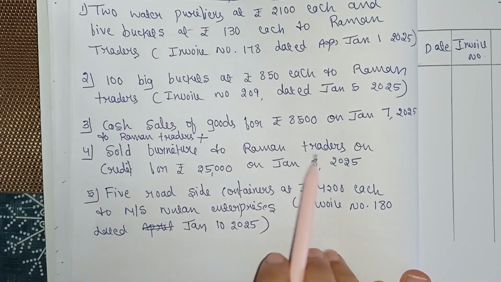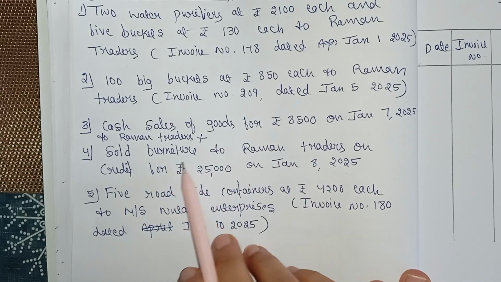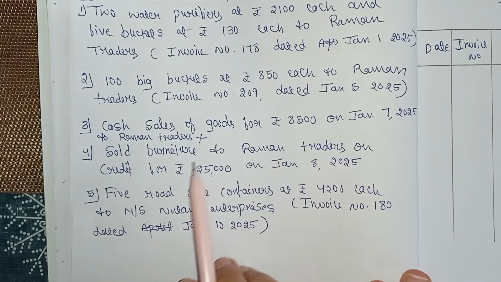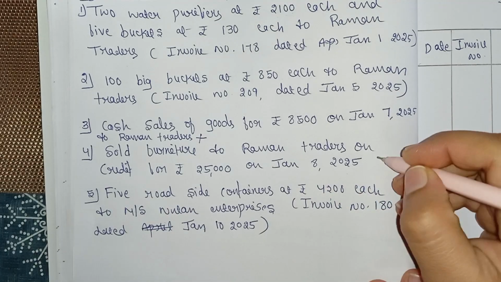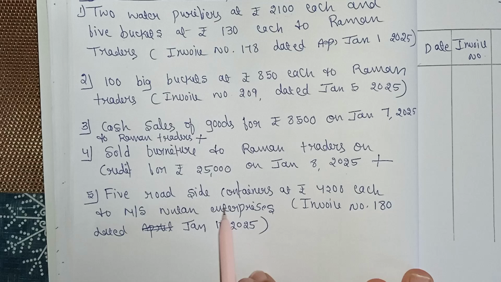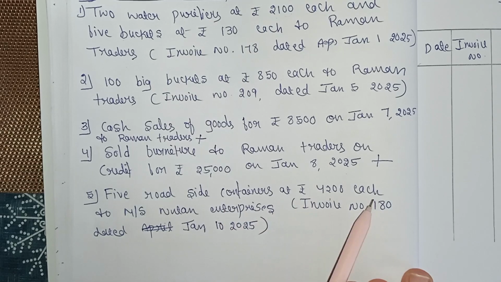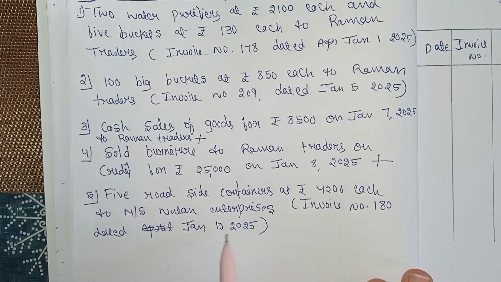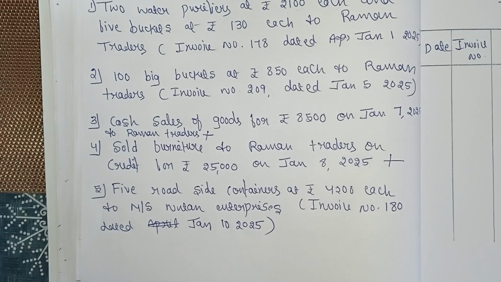Here they are selling furniture, an asset, on credit, so it is also not part of the sales book. Last one, 5 roadside containers at rupees 4200 each to Nutan Enterprises, invoice number 180 dated Jan 10 2025. Now we will solve the problem.